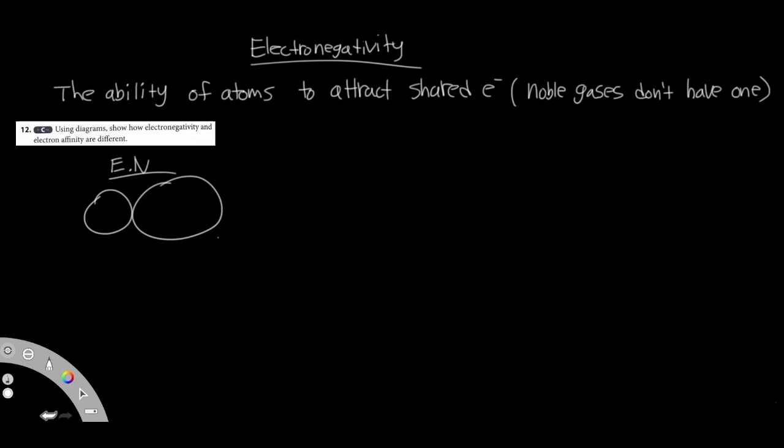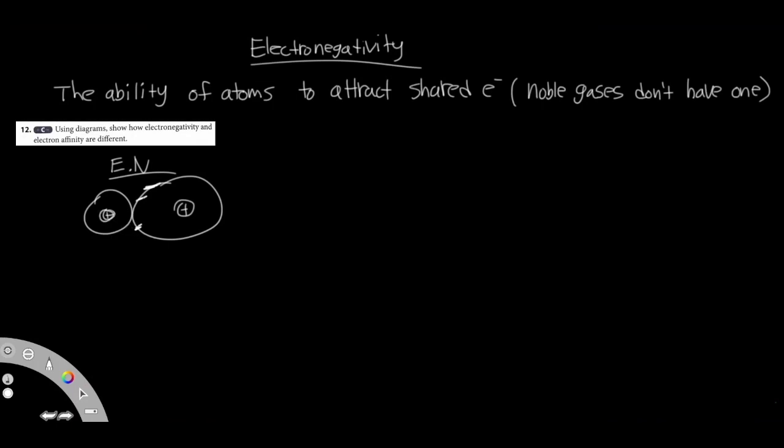Let's say we have 2 different sized atomic radii of atoms. Positive charged, positive charged. The electrons that are on the outskirts here have an attraction towards this positive. So does this one, this positive, and this positive.